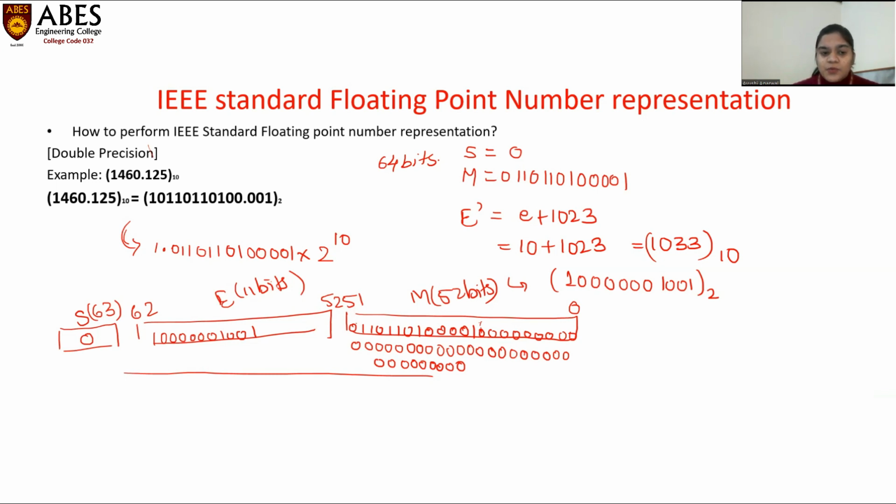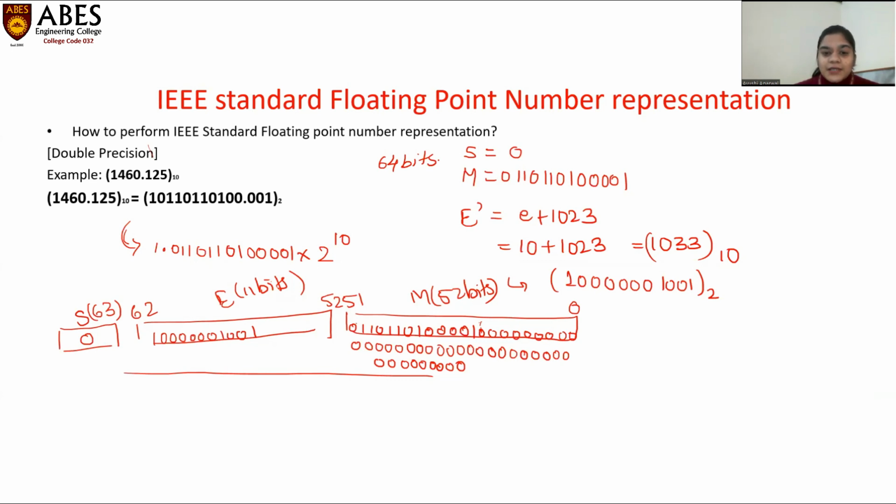Remember, when normalizing, before the radix point, that means your integer section, must have the value 1 by default in the case of binary numbers, and should not be 0. If it is coming 0, you need to shift your point to such a position where you do not have 0 in the integer section of your number.